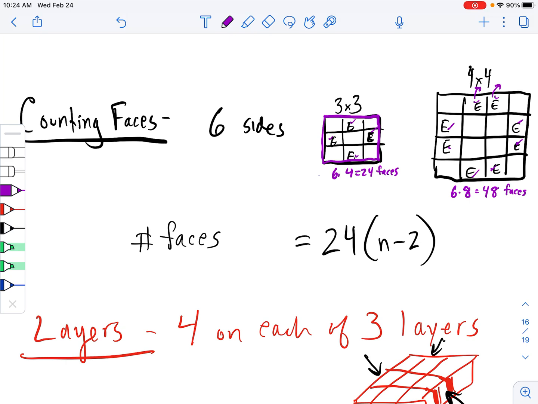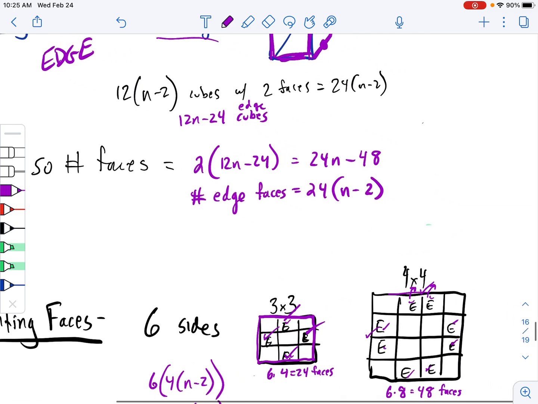Well, I just take n minus 2. But then I have to multiply it by 4, because look, there's 4 sides. So 4 times n minus 2. But then I have to remember that there's 6 sides of the whole cube. So look, don't I get 24 times n minus 2, which is what I got up here.